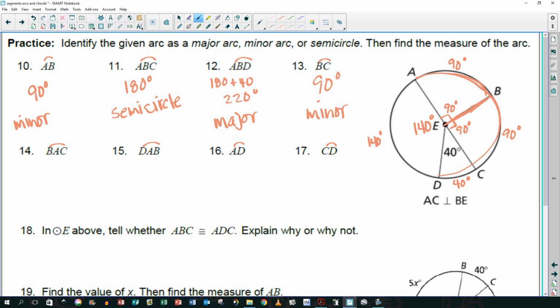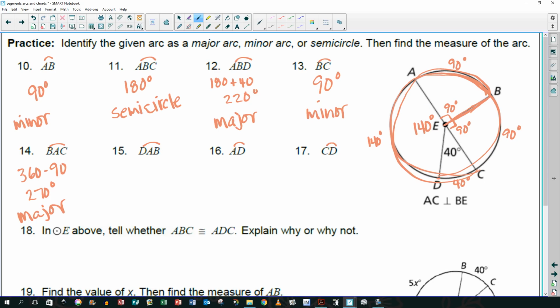BAC. B to A all the way to C. Well, it's basically the whole circle except for that one arc. So I could do 360 minus 90, or I could say, well, it's all of this. So 360 minus 90 is 270 degrees, which makes it major.